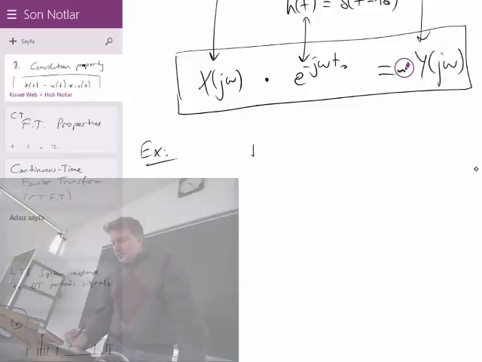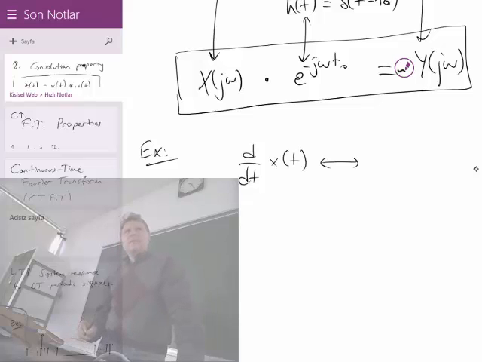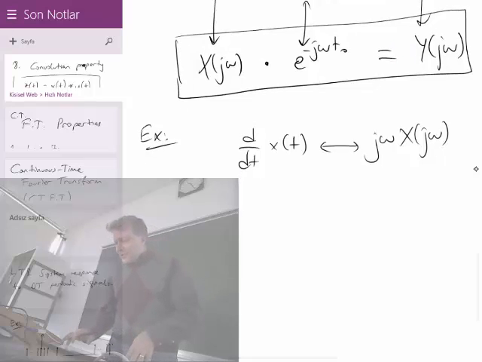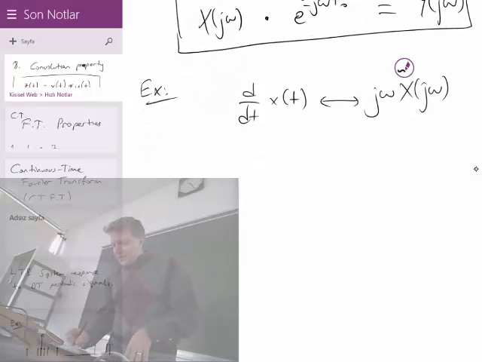We know that the derivative of a signal will make the Fourier transform to be multiplied by j omega in the Fourier domain. It was the property that we saw last hour. Now, what we can say is then something like this.